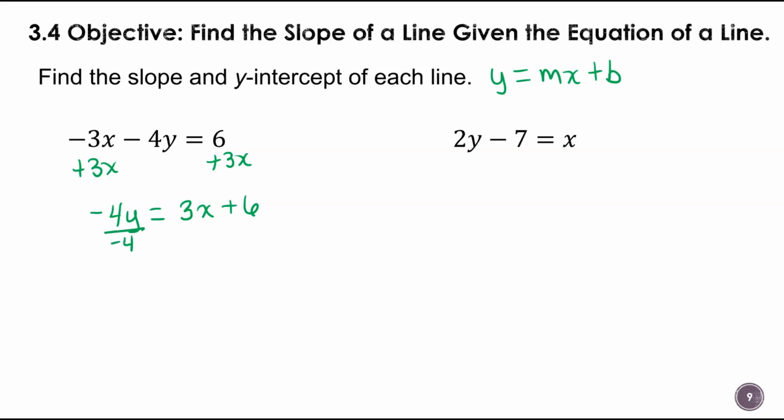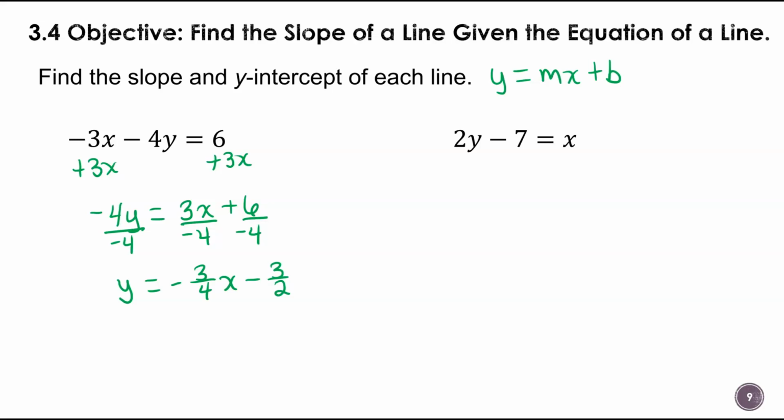We divide by negative 4, because we're solving for y. We're just rearranging the equation, really. And so y equals negative 3/4 x minus, if I simplify the fraction, it would be 3/2. All right, and so that one's done.